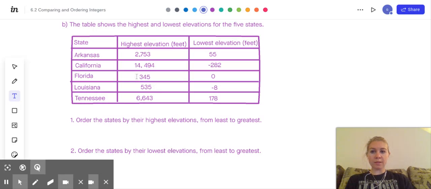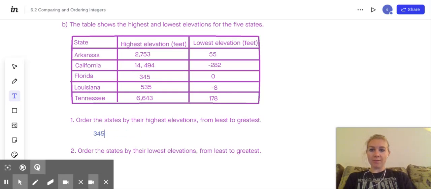Let's look at what's in the hundreds place. For Florida, 345, we have a 3 in the hundreds place. And in 535, 5 is in the hundreds place. I know that 3 is smaller than 5. So the least of the highest elevations would be 345. Next would be 535.